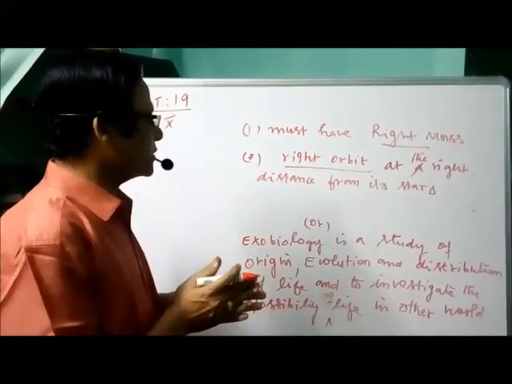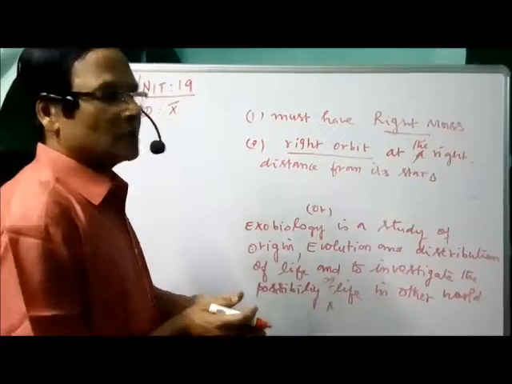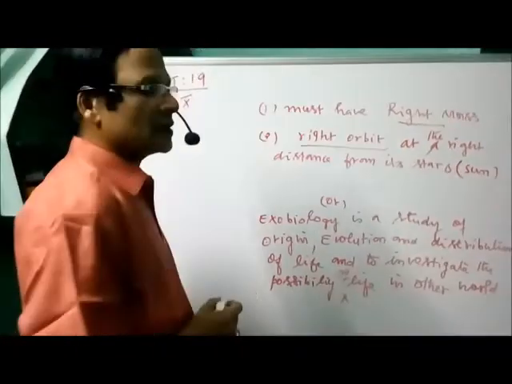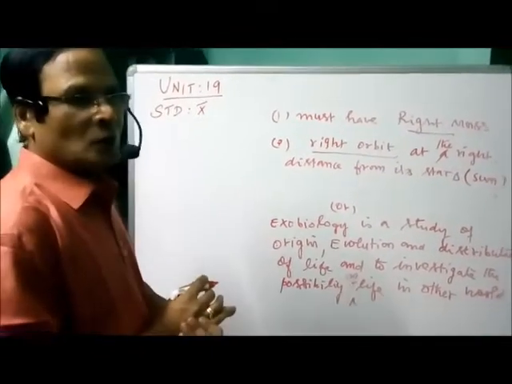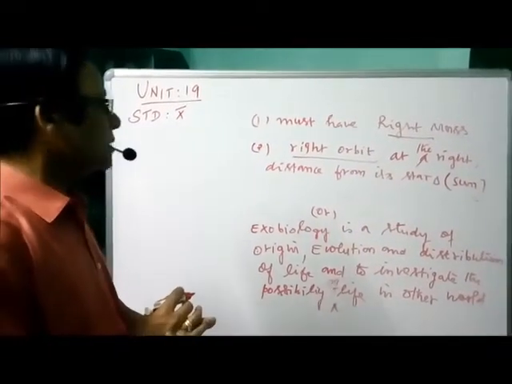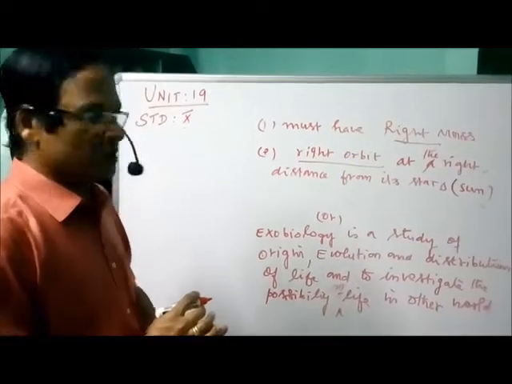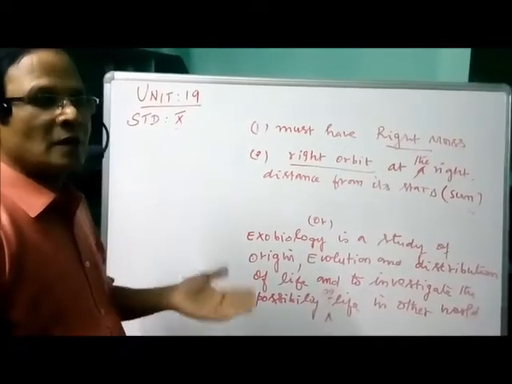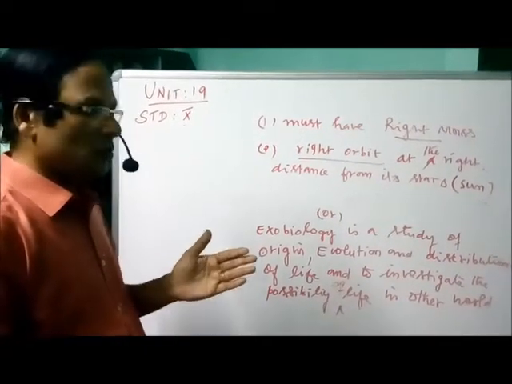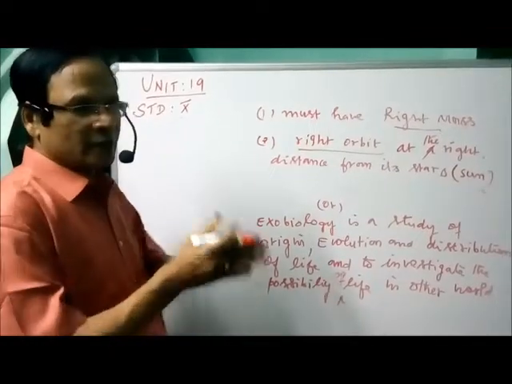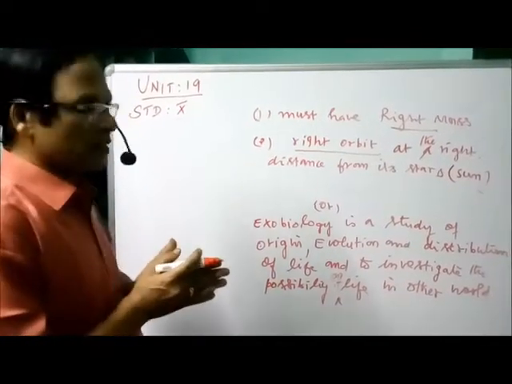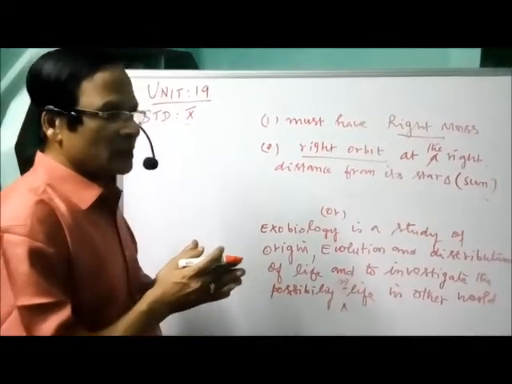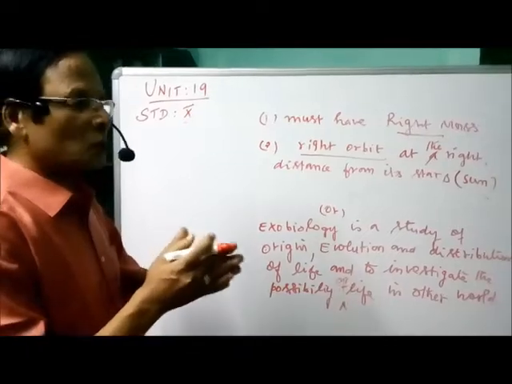A distance should be maintained. For example, the Sun is the star for the Earth, and it allows liquid water to exist. So the distance needs to be maintained, neither too hot nor too cold.